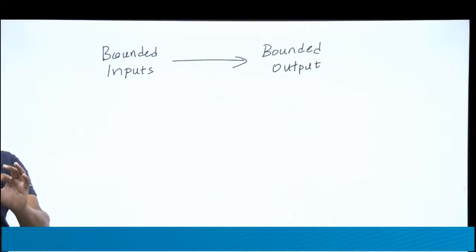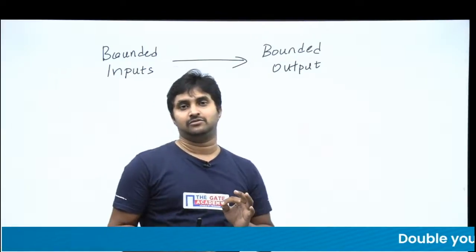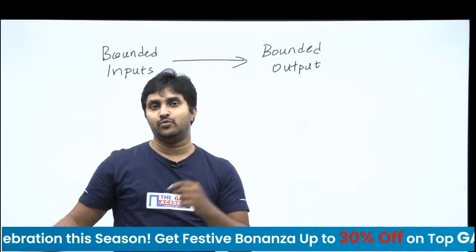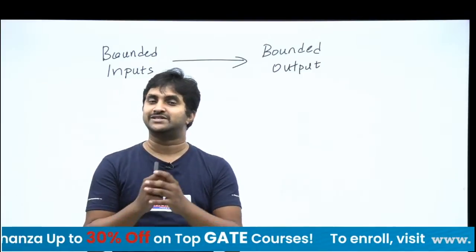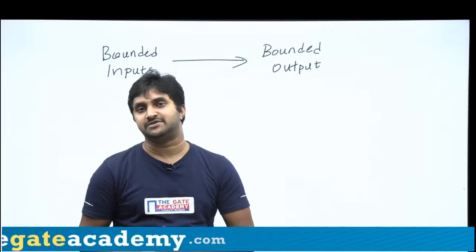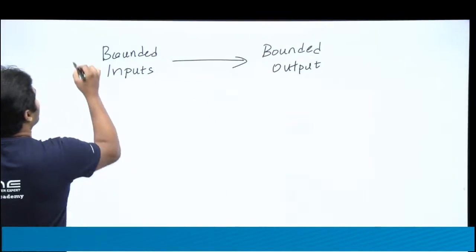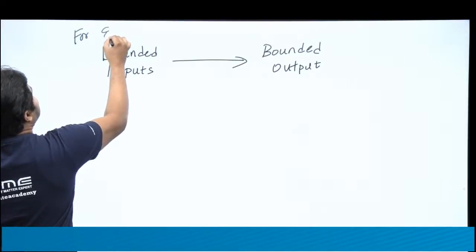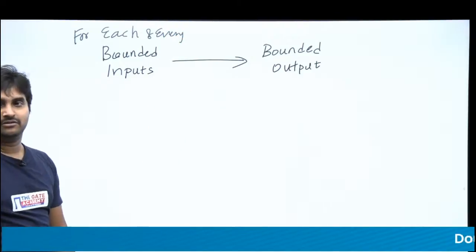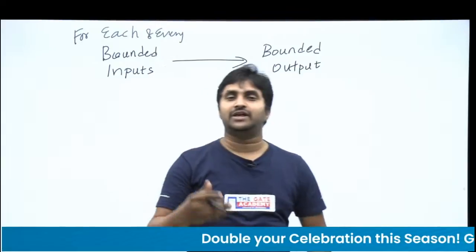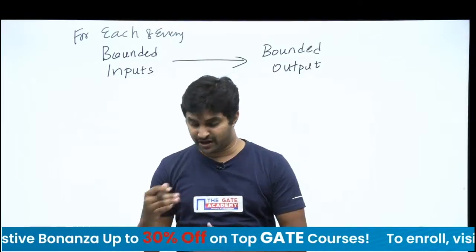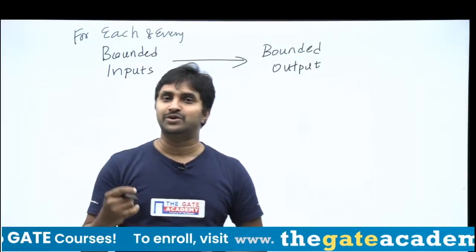Even in one instance, even in one case, if boundedness led to unboundedness, you will still call the system an unstable system. So the definition here is that it is not for a single input, it is for each and every bounded input, the output is required to be bounded.